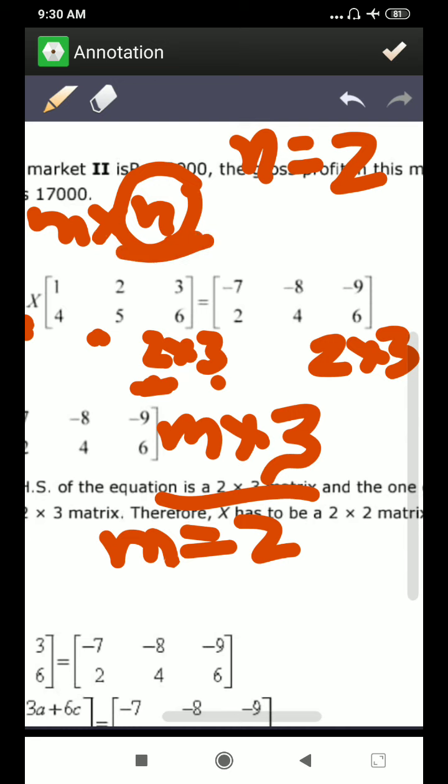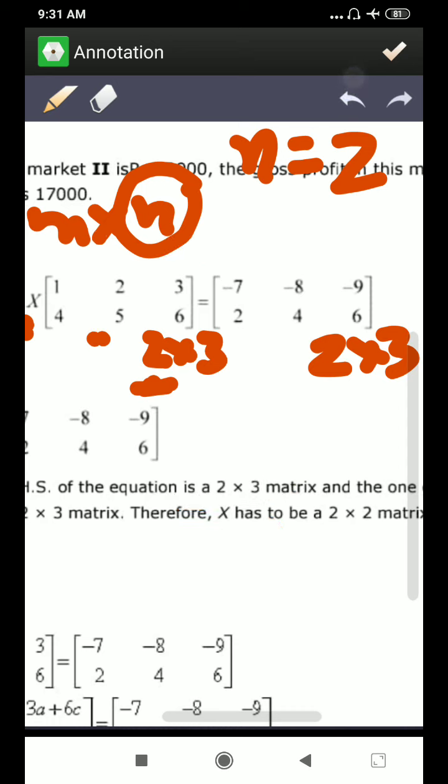Second thing, when we take the product of two matrices, the answer will have the order equal to the number of rows in the first into the number of columns in the second. So the answer has order 2 into 3, meaning 2 is the number of rows in the first matrix. So now we have the number of rows in the first matrix is 2. The number of columns in the first matrix is also equal to 2. It means your X is a 2 into 2 matrix.